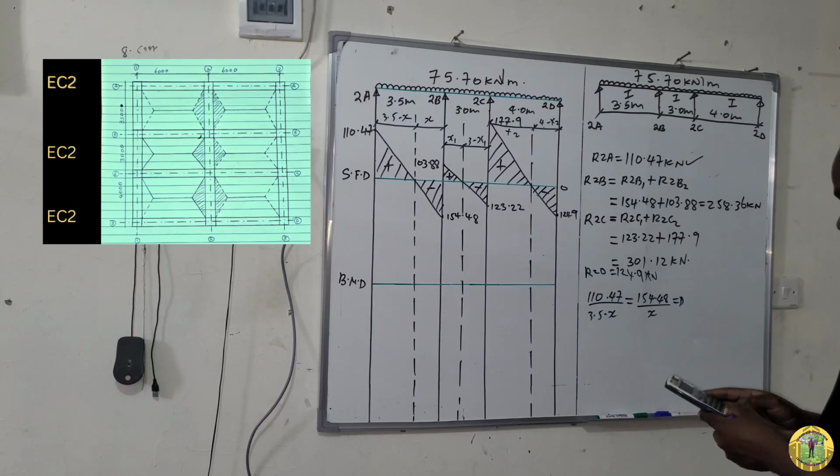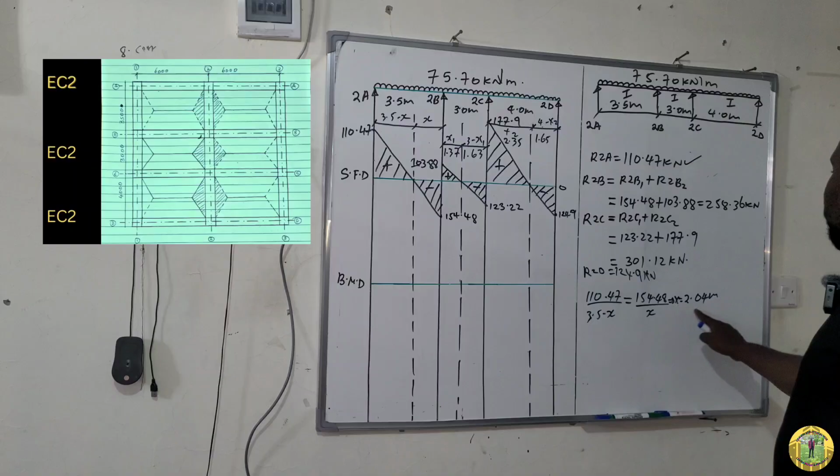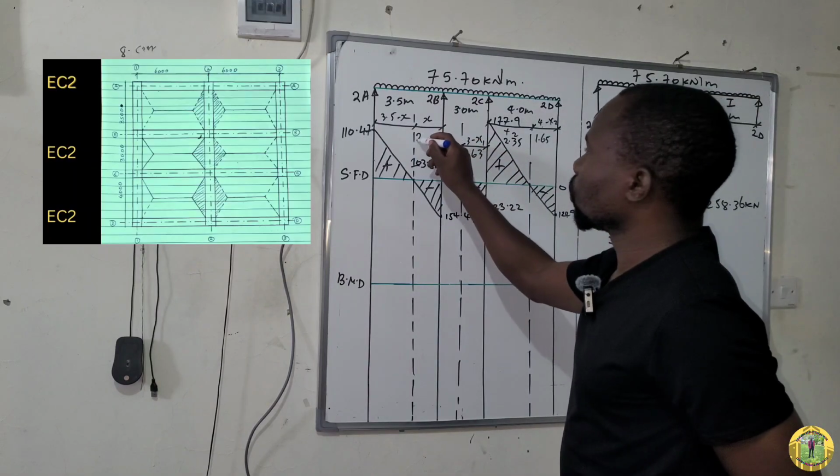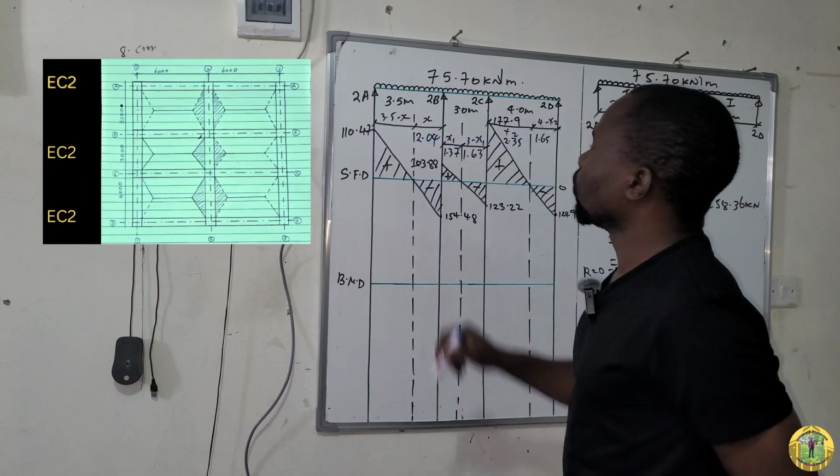154.48 times 3.5 divided by 110.47 plus 154.48. So X is equal to 2.04, which is here, 2.04 meters.